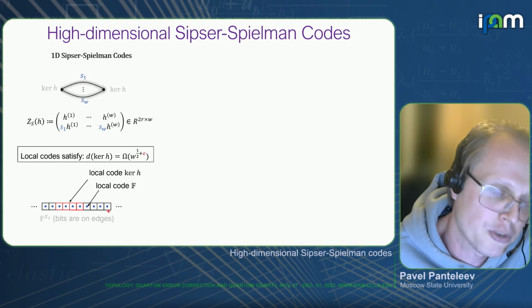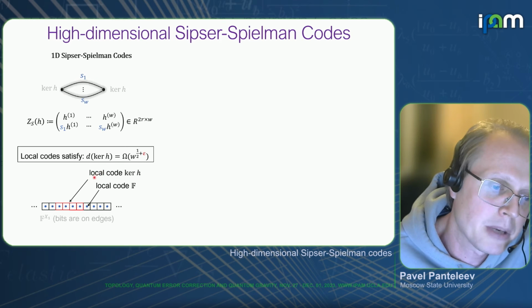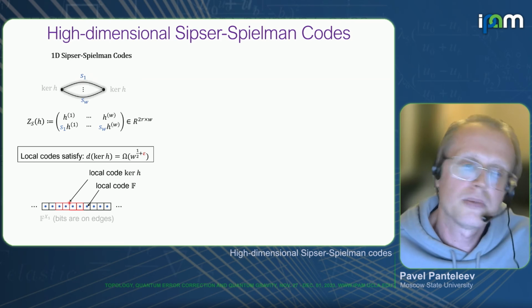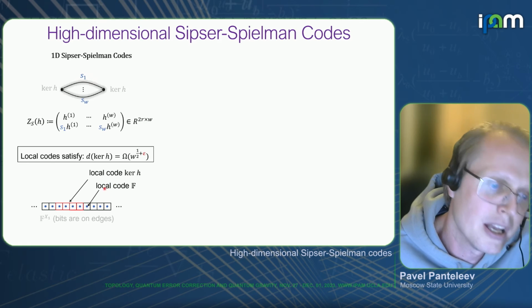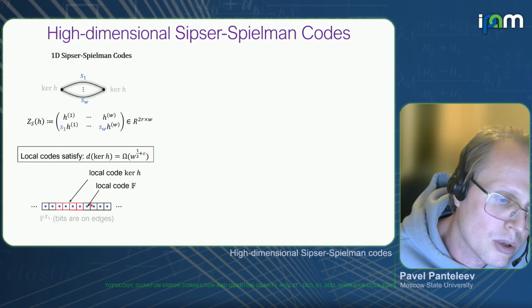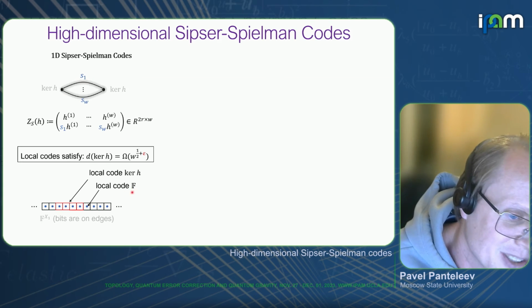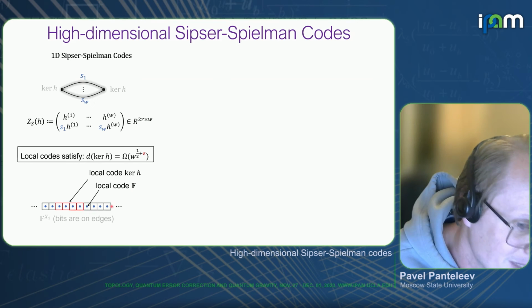So you have a bunch of bits which you place on edges of this graph, and as I previously said, you have some local constraints that are shown here. So in this sense, we can view this code as some hierarchy of local codes. We have a very trivial local code that does not have any restrictions, so it's just a code that contains all possible values, 0, 1.